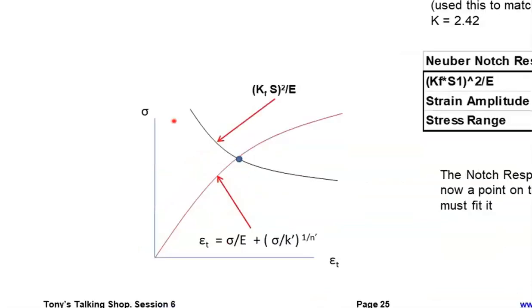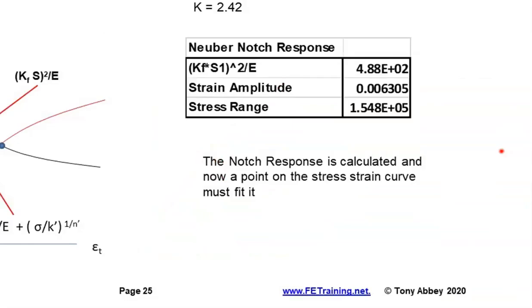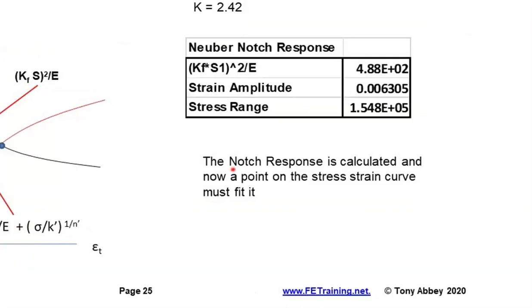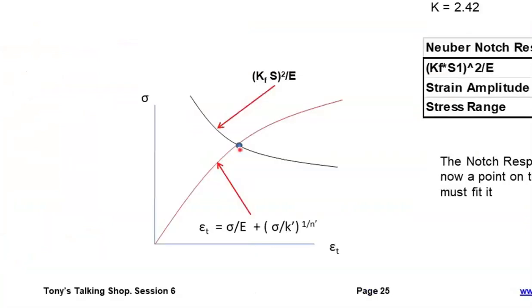So we've got an example here, and at that particular load level, I match a particular textbook example. I've got a stress concentration factor of 2.42. There's my nominal stress. That takes me straight through yield, but then I use the notch term to say what's the equivalent strain amplitude and stress range, and then that gives me a true value I can use in my EN type of curve.